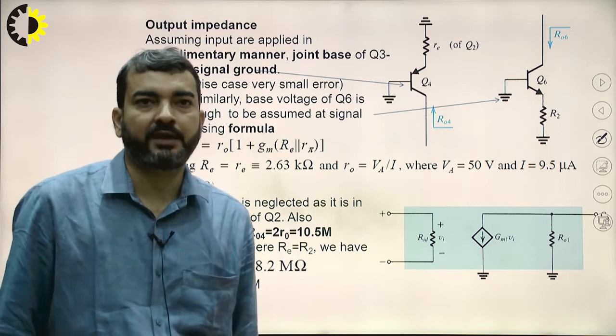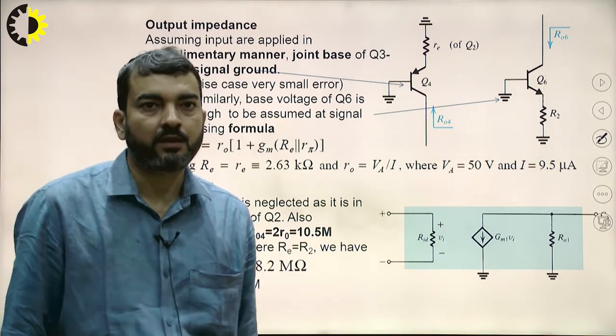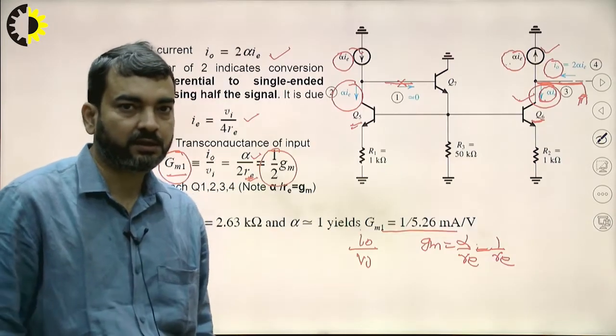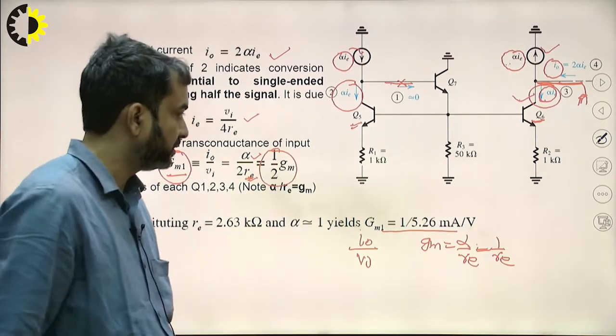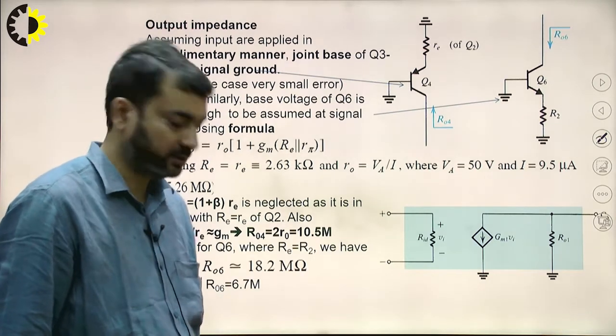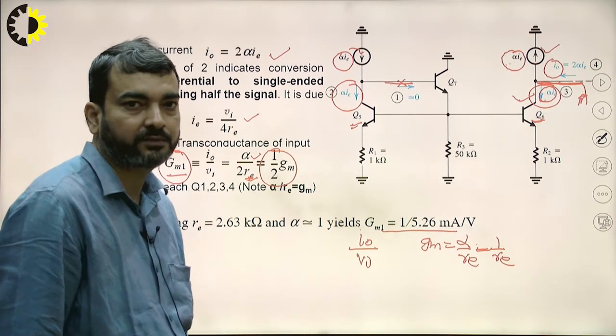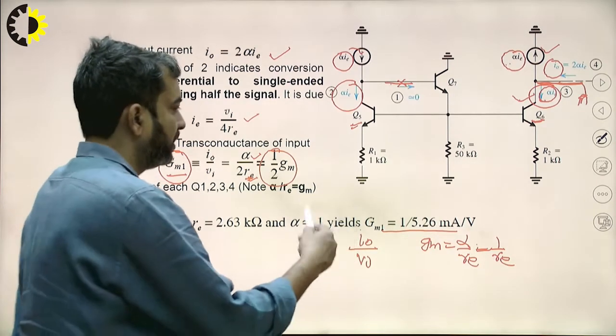Now we will calculate the output impedance. Before going into the calculation, I will first mention something about the small signal T model, which will be helpful in calculation of all these circuits.